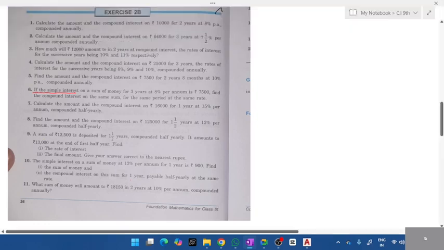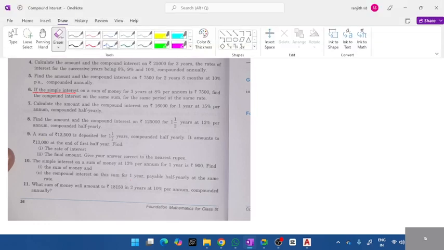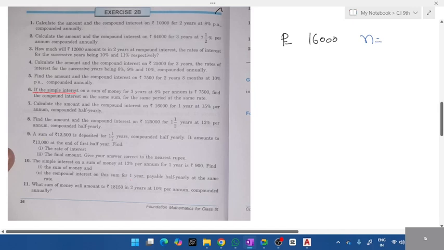For what principal? Time is equal to, can I take this t as n? T and n are both the same, right? So instead of writing t, students, write it as n, because for the formula we write n. N is equal to number of years, which is 1, and rate is equal to 15%. We have to find amount and compound interest.